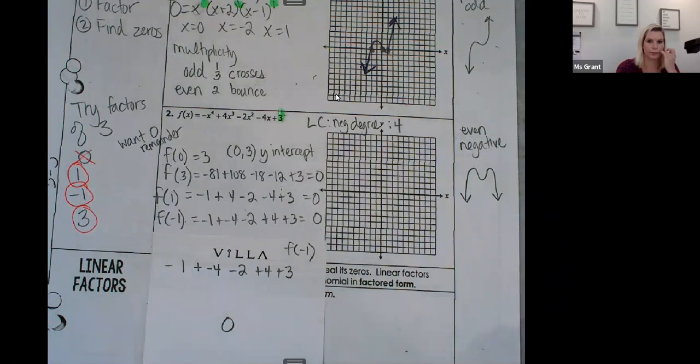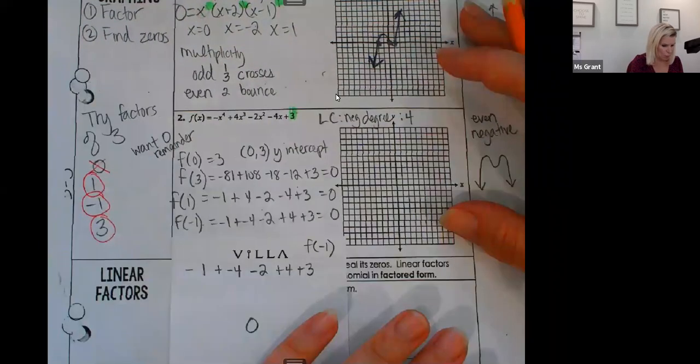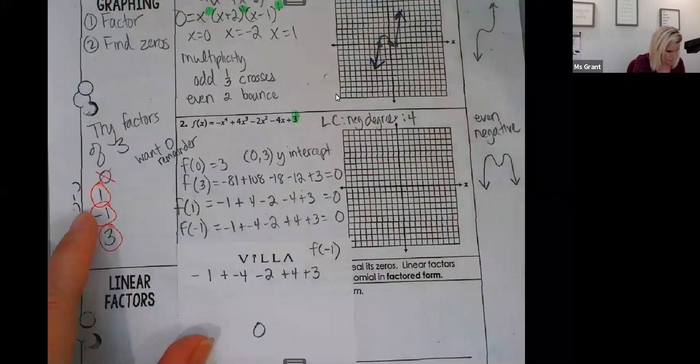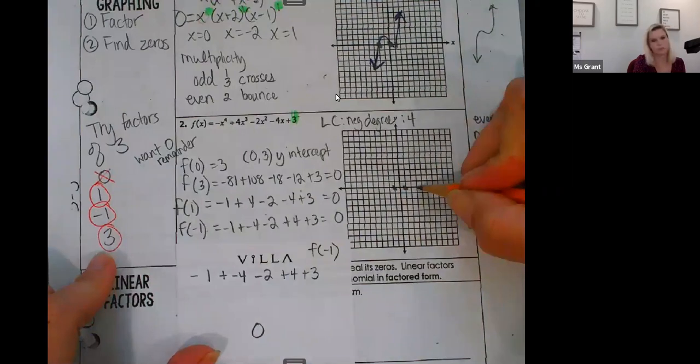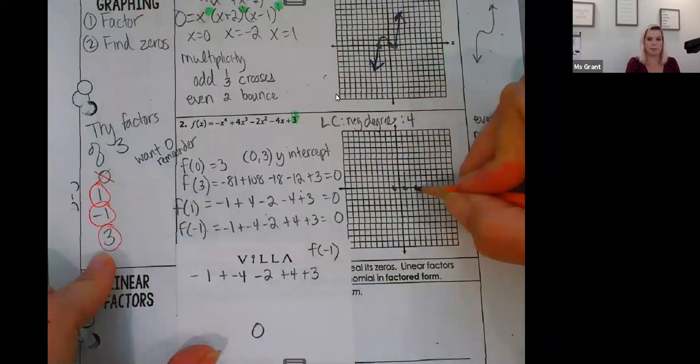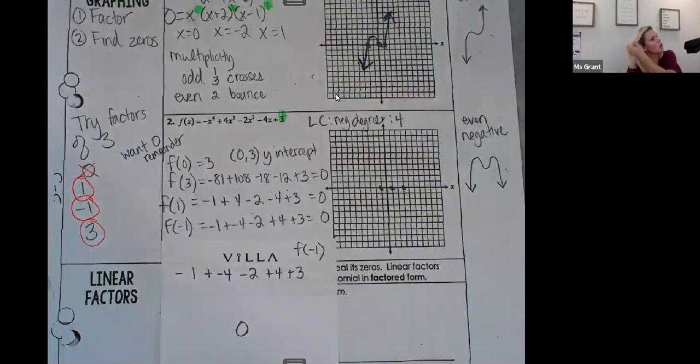Okay. So here's what it looks like. Let's draw it. Okay. My zeros are at 1, negative 1, and 3. And this is the shape that my graph looks like. I don't know my turning points.